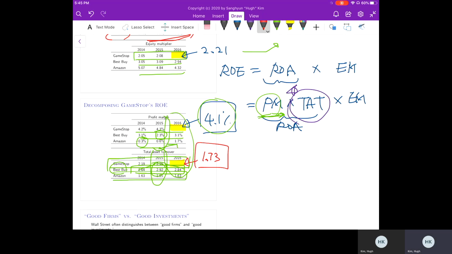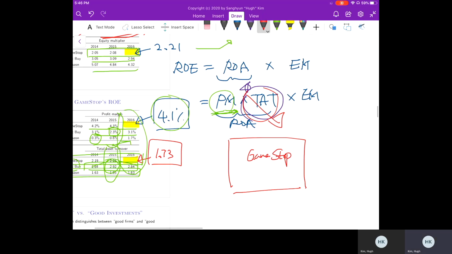So that seems to be a problem that GameStop was having at the time, which agrees with my impression. I stopped by a GameStop store sometime in 2017. Okay, it had huge store space, but not many customers.